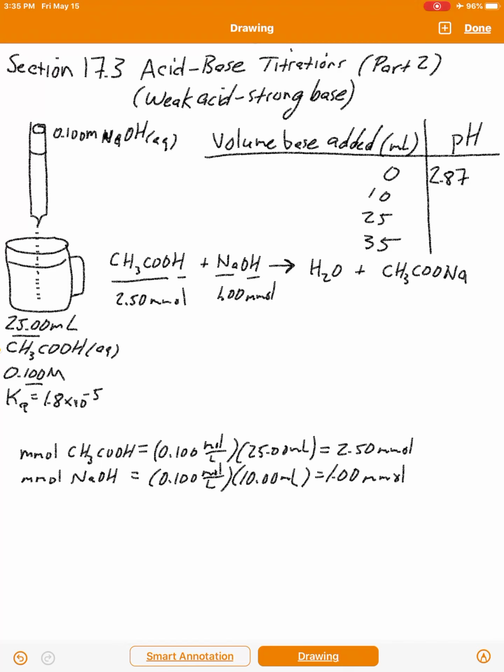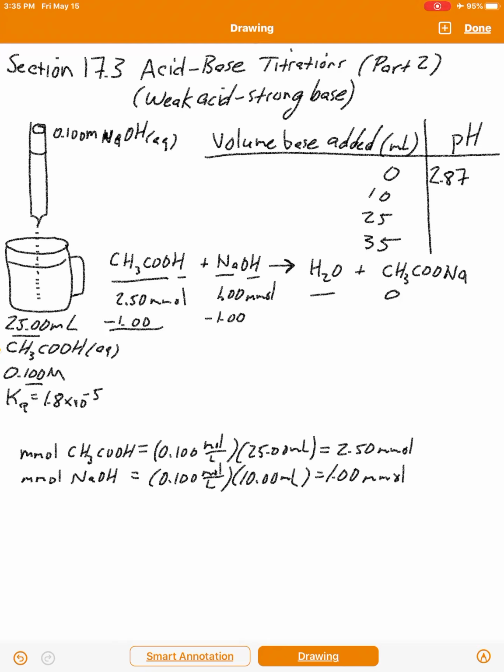Looking good so far. Water's a liquid, you don't need to worry about that. This one right here initially is 0. Now the limiting reactant is the sodium hydroxide. 1 millimole is less than 2.5 millimoles. So that will limit how much of the reactants can react.